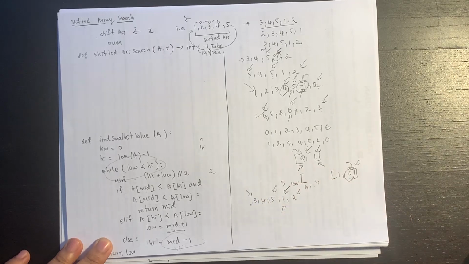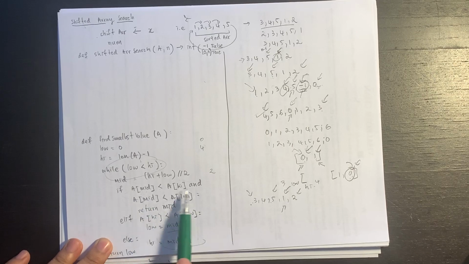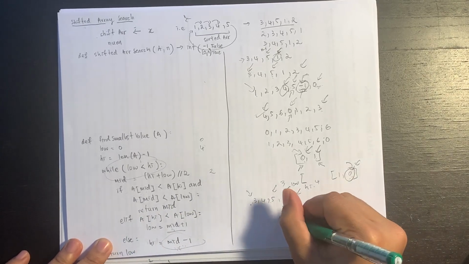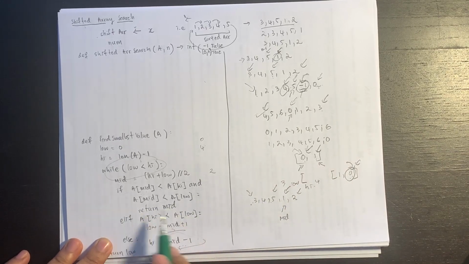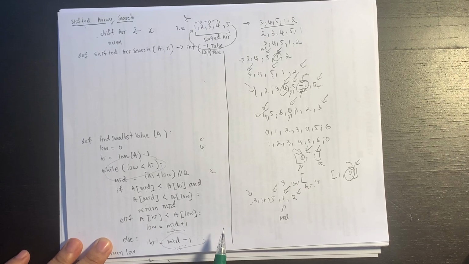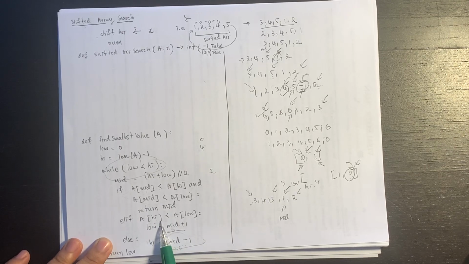So it's going to check here. Checking that, at this moment, mid and low are equal to each other, so this is not true. And then it's checking high and low. In this case, high is not smaller than low, so it has to take this.